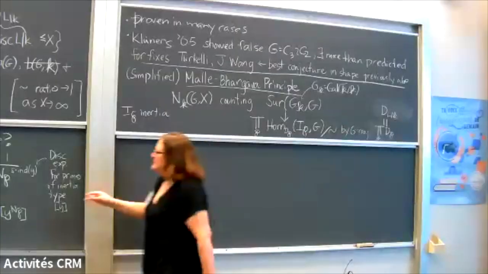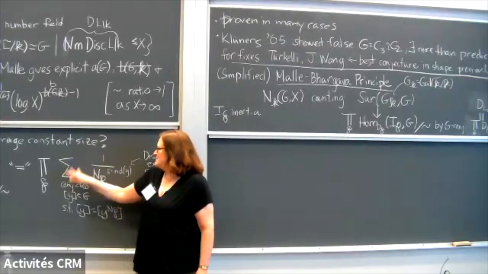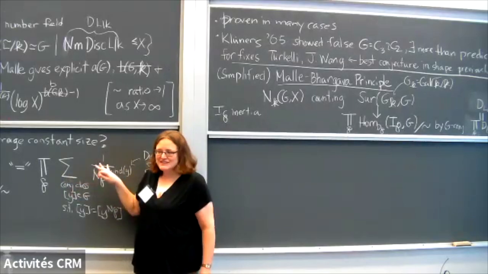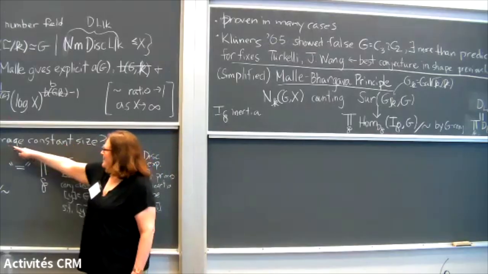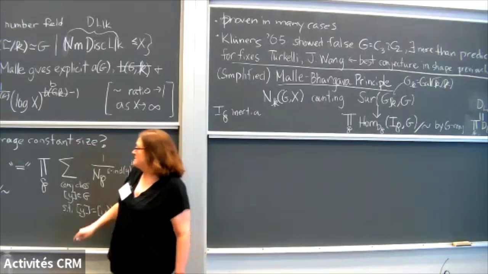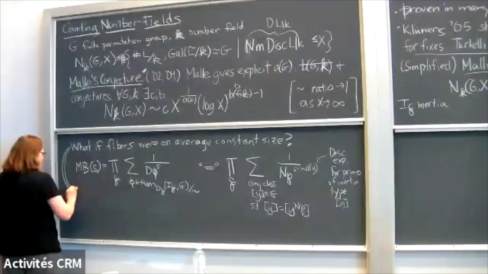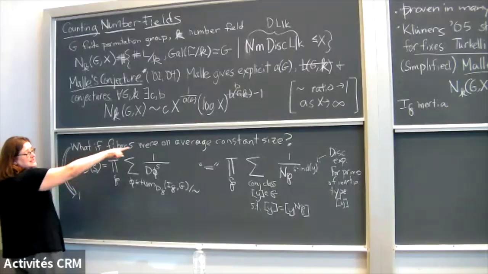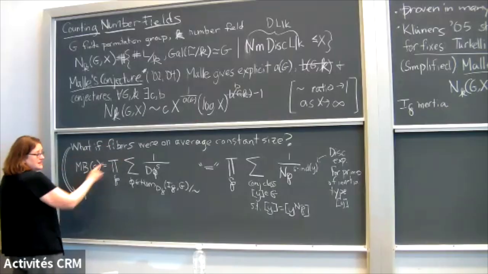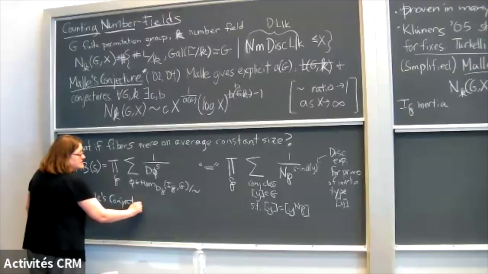Okay, so then this is a super concrete Euler product whose asymptotics and partial sums of coefficients we can understand very well, and then if you add, maybe the fibers on average are constant size, then this guess plus the analysis of this function implies Malle's conjecture.